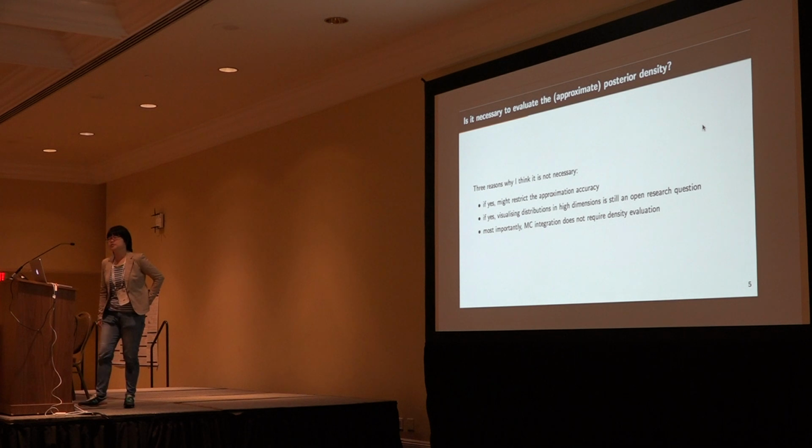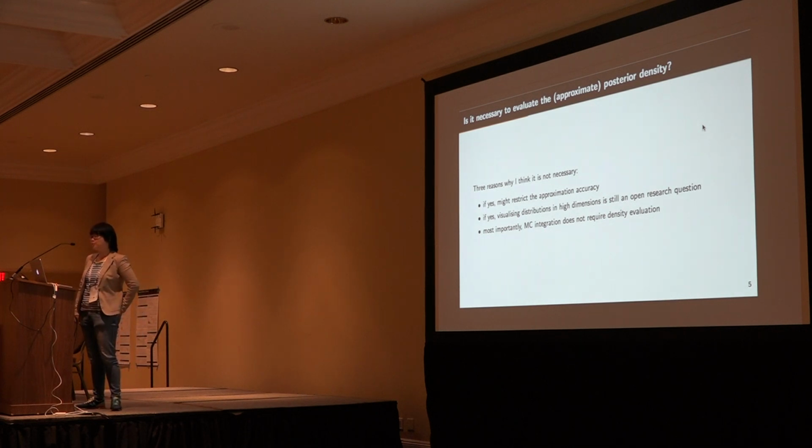Let me try to give you 3 reasons why I think evaluating the approximate posterior density might not be necessary. First, if you actually want to evaluate the posterior density, this means in approximate inference setup, you will probably be restricted to using simple distributions. For example, in the 90s, we used Gaussians.